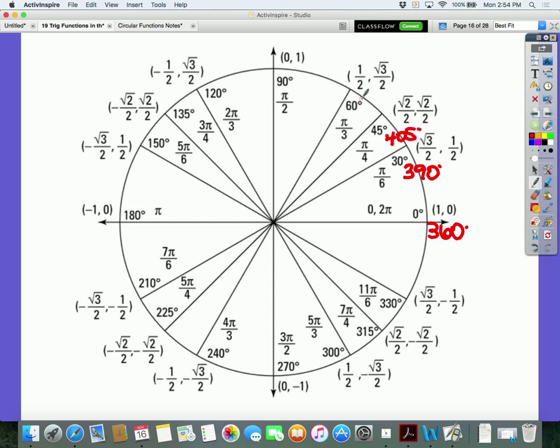What would this be? 420. What would this be? 450. Now these angles that are written in red, these are called what types of angles? Coterminal angles. So basically, the sine of 390 degrees is the same as the sine of 30 degrees. They start to repeat each other every 360 degrees. Same thing with cosine. Cosine is x or y?